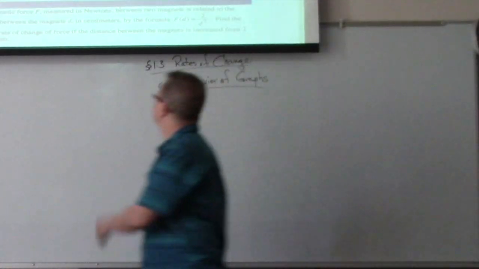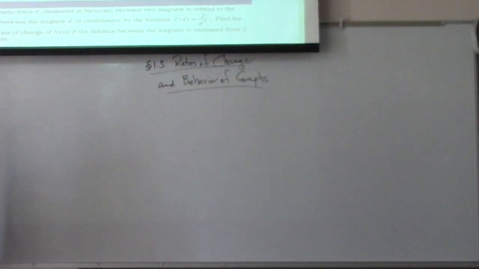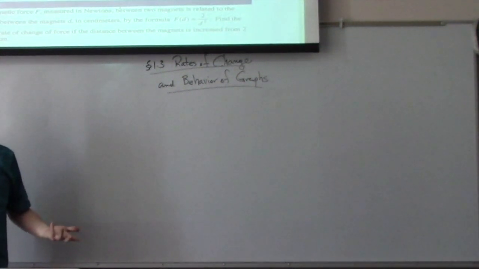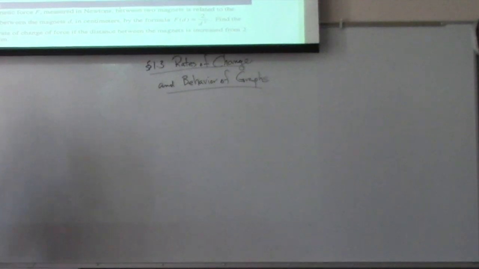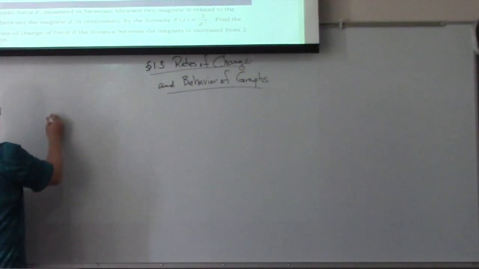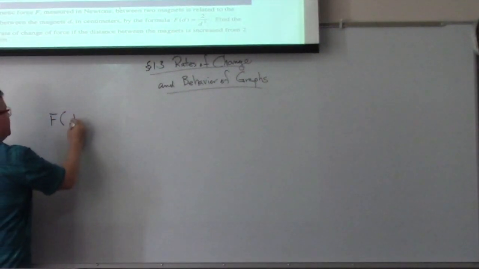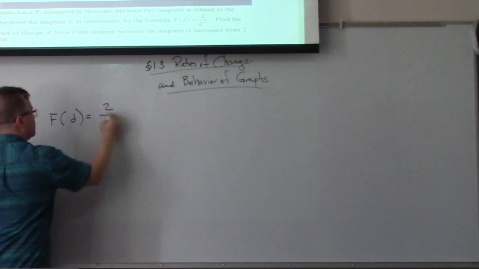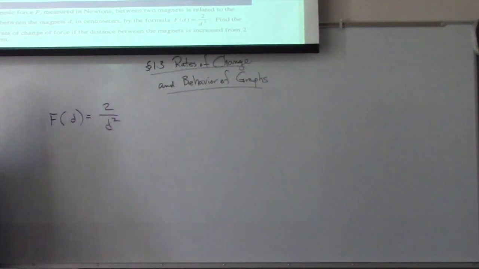So again, magnetic force. In this first sentence, they're describing the nature of this function. I can see that f of d equals 2 over d squared.